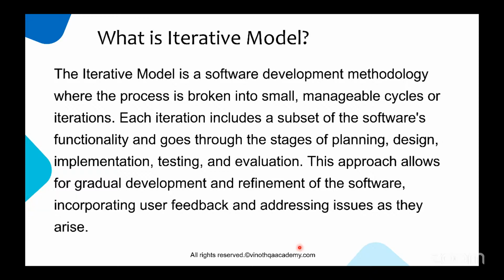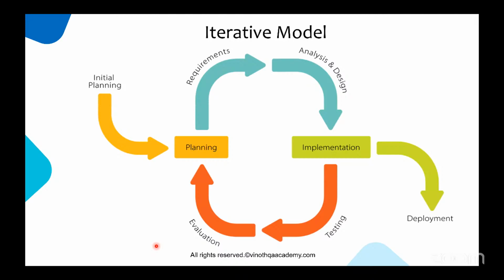Gradually we keep on incrementing the requirements. At the end, we will deploy it. So this is the iterative model. And the good thing is that since we are working part by part, we will get the feedback.